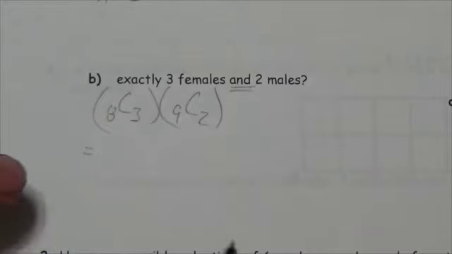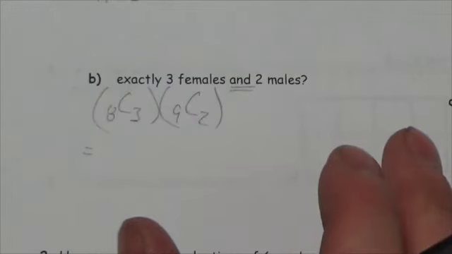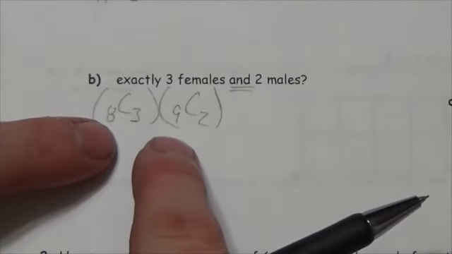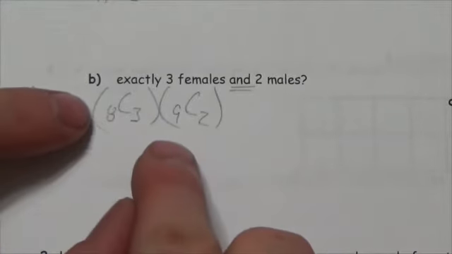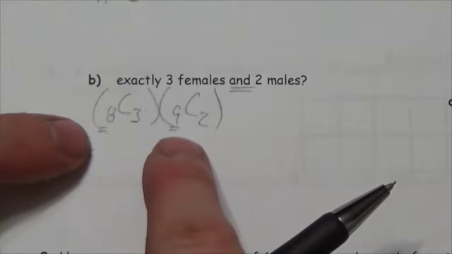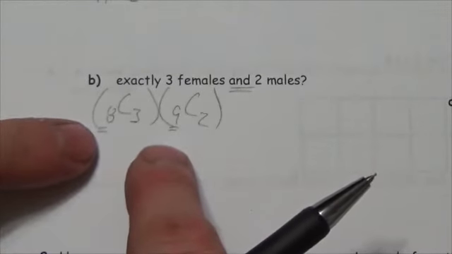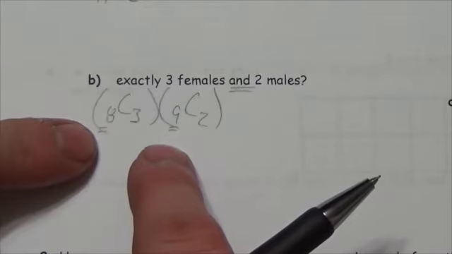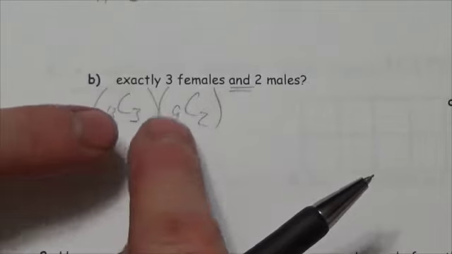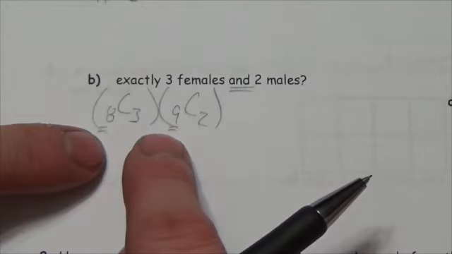In most of the applications that we do with combinations, particularly when you're multiplying them together, the first numbers in our combination notation should add up to the total number of people that you're choosing from. So these two numbers, add them together, 17. That's the total number of people we're choosing from.